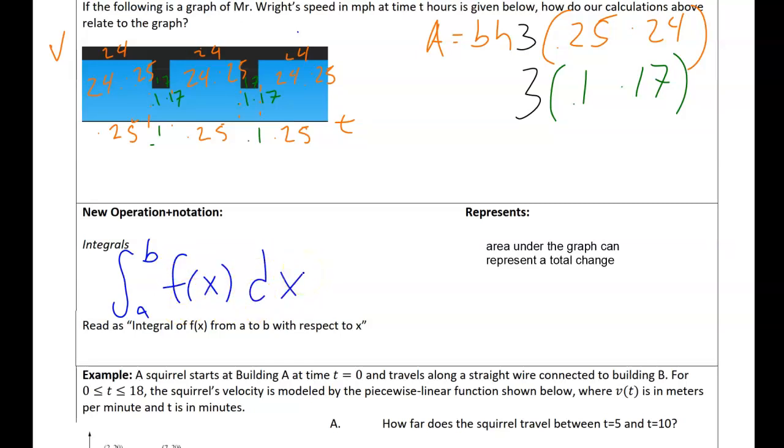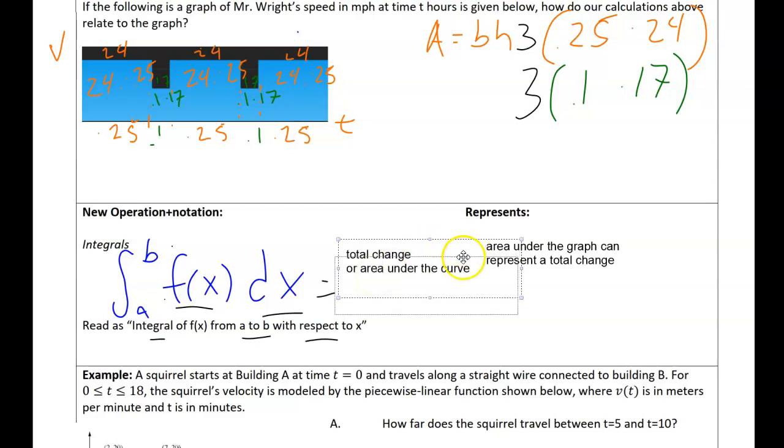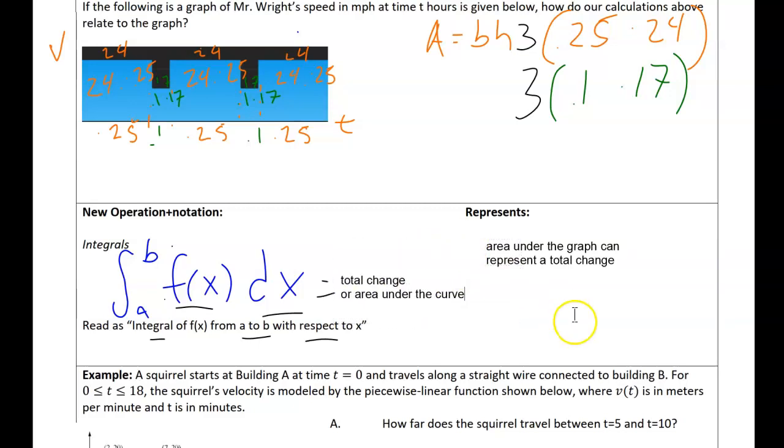So you read that, and read this out loud if you're in a place where you can, as the integral, that's the sign, of f of x, that's the function inside the integral, from a to b, that's your bounds, with respect to x, that's the dx. So the integral from a to b of f of x dx. In this case, we're interpreting this right now as the total change or the area under the curve.